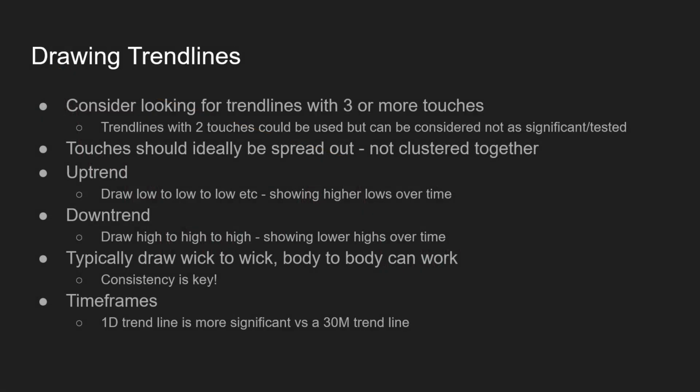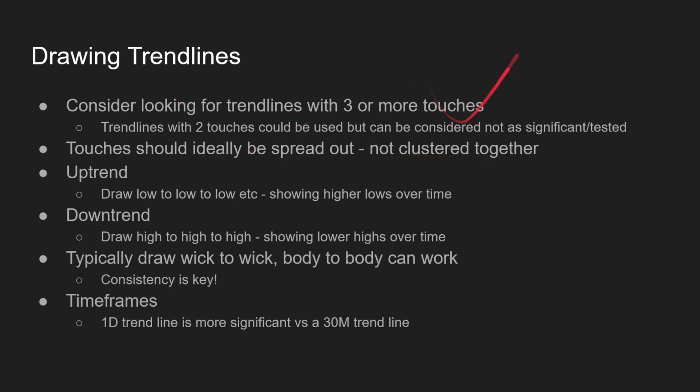So when it comes to drawing trend lines, we want to consider looking for trend lines with 3 or more touches, similar to support and resistance lines, right? Trend lines with 2 touches could be used, but can be considered not as significant. Touches should ideally be spread out, not clustered together, right?